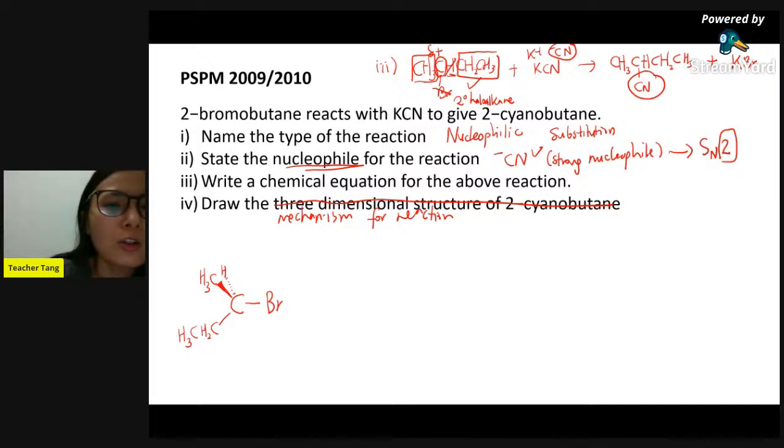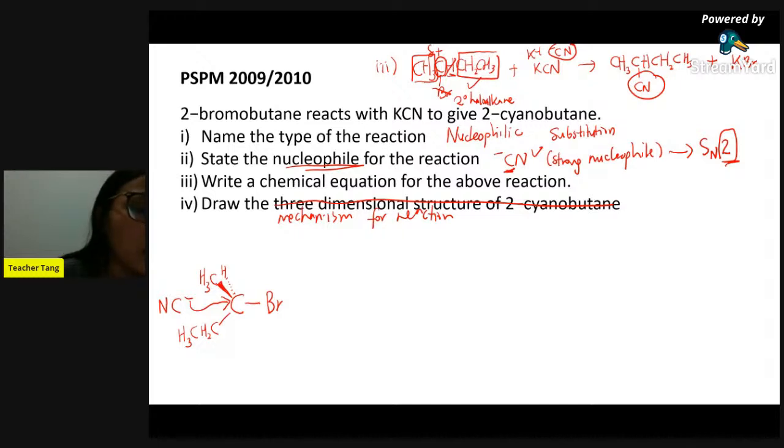So it reacts with the nucleophile. Remember, for SN2, you must draw both your haloalkane and also your nucleophile. Again, I told you already that in the cyanide ion, the negative charge is on the carbon. So when it reacts, the negative charge on the carbon will attack the carbon that carries the halogen.